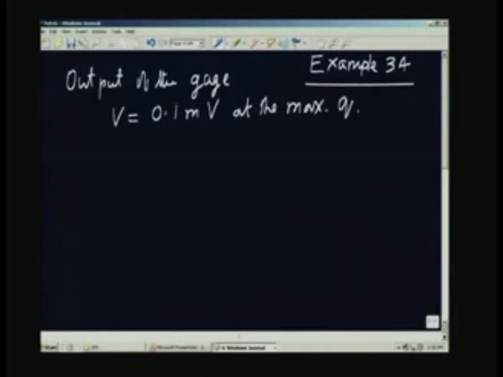How do we determine the maximum Q? It is determined by the maximum temperature to which the material can be subjected. So, if you increase the temperature beyond that, the sensor itself can get damaged.